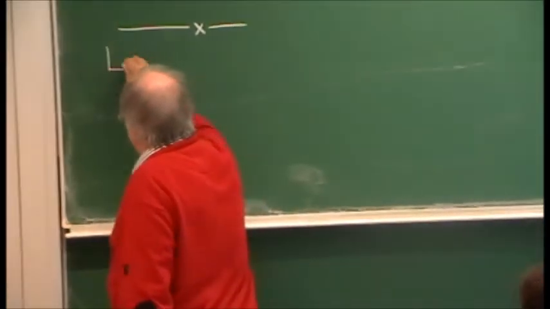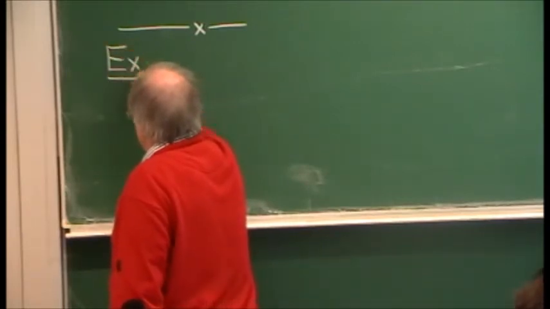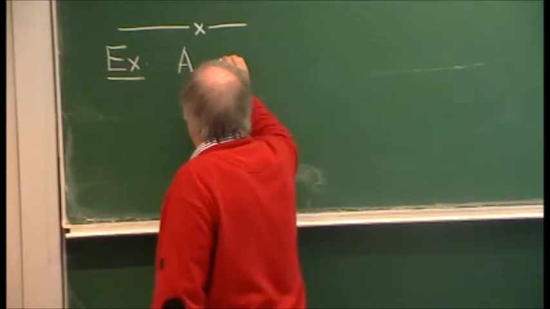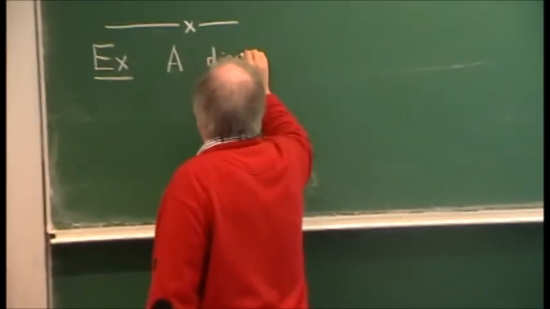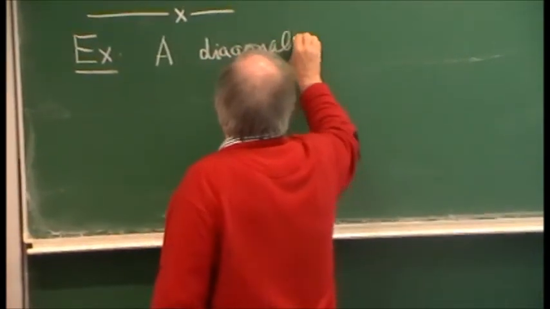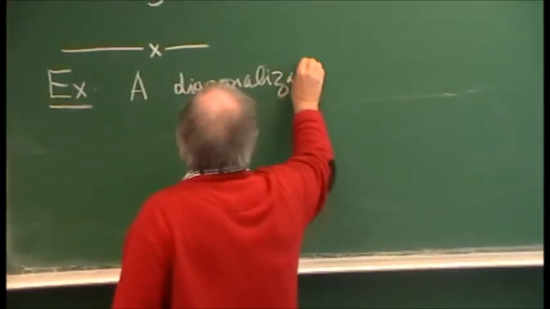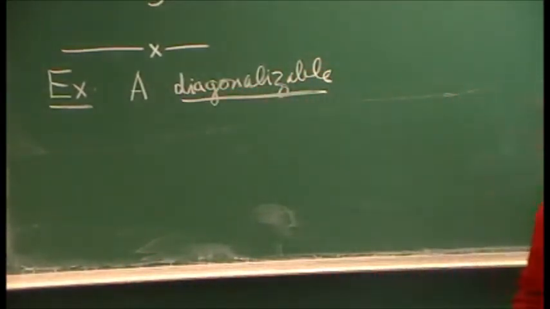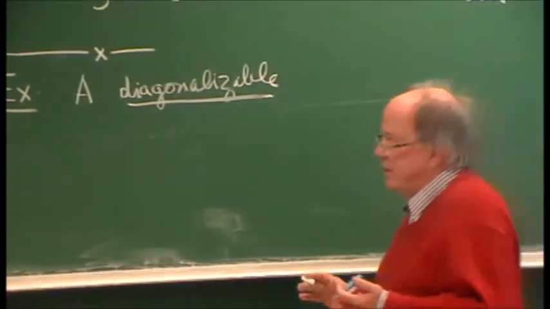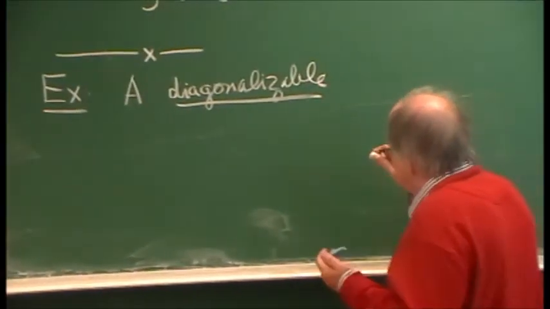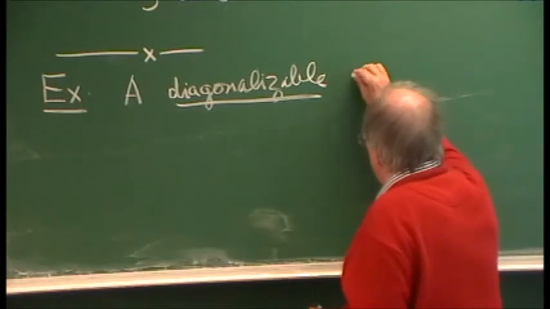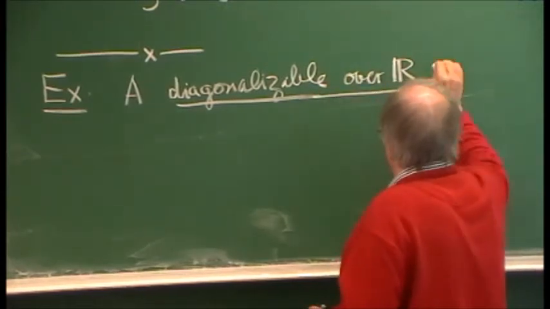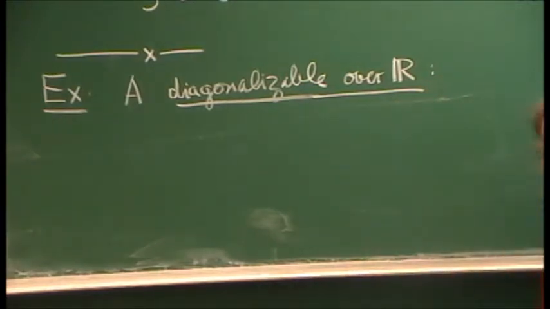Let me give a second example of linear field. So let A be diagonalizable. We're dealing here intentionally with real vector spaces, so let me first discuss the matter over R. Okay.